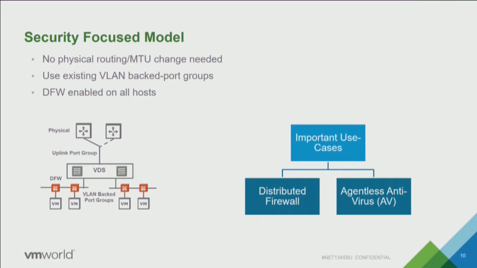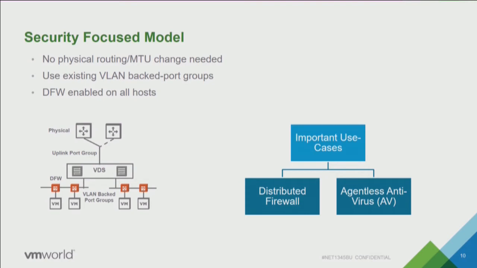Within this model, we have two important use cases. One is the distributed firewall use case. You can use the security-focused deployment model just for firewalling purposes, for east-west firewall. That's one use case. And the second use case is the agentless antivirus use case. Agentless antivirus means that your virtual machines are not running any agent inside.